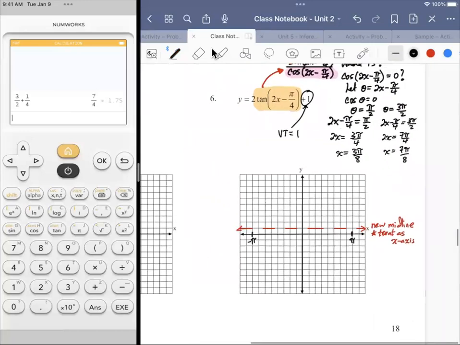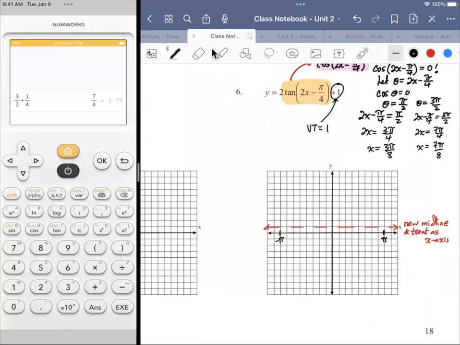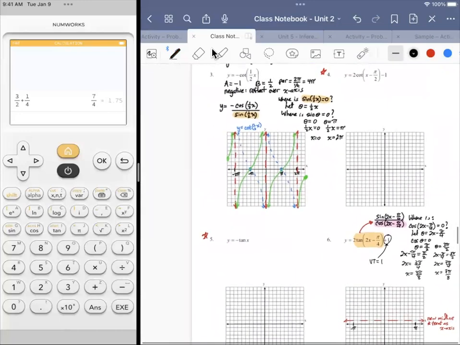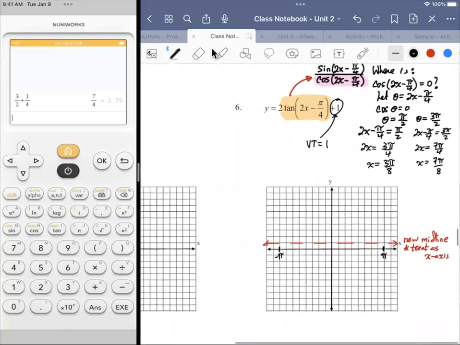Now, the period, and I'll just chuck this off on the side. It's like what I did before with the period. It gives me a sense of what I should be expecting to happen. The b value is equal to 2, so the period is 2 pi over b.